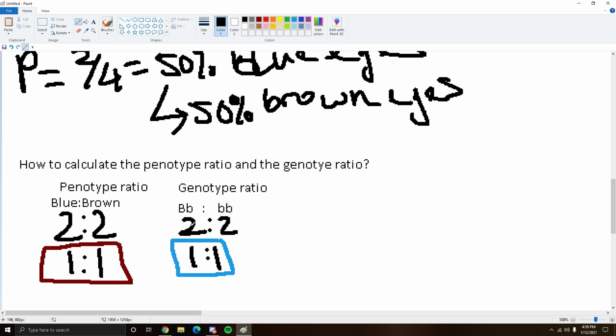Same with this. It had two heteros and two homozygous recessive, which cancels down to the same thing. That's how you calculate the ratio. This is the genotype. The genotype matters about the hetero and the homozygous recessive, while this just matters about the color.